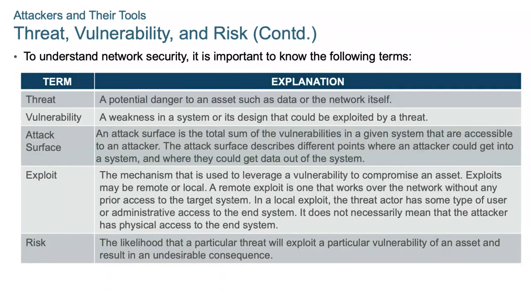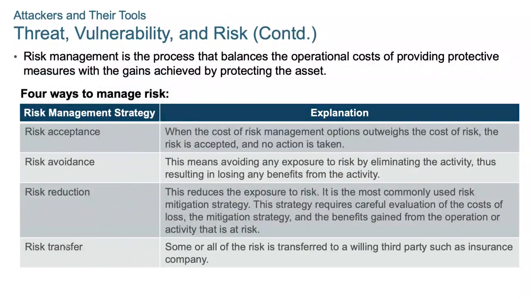There are some common ways of managing risks. One is risk acceptance, where the cost of your risk management option outweighs the cost of the risk itself, so the risk is accepted and no action is taken against it.